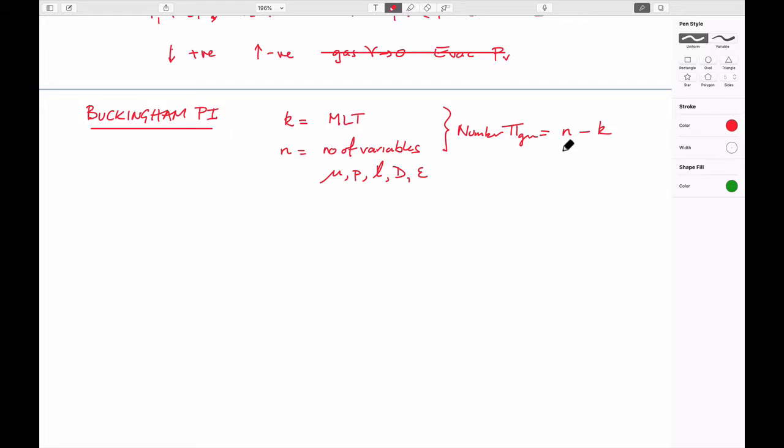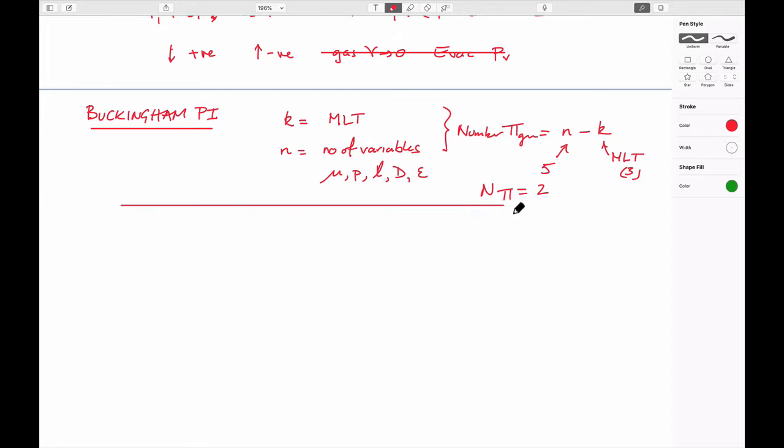If all three of mass, length, and time are included, then k would be 3. And if there are 5 variables, then the number of pi groups would be equal to 5 minus 3, which is 2. So we can always do that.